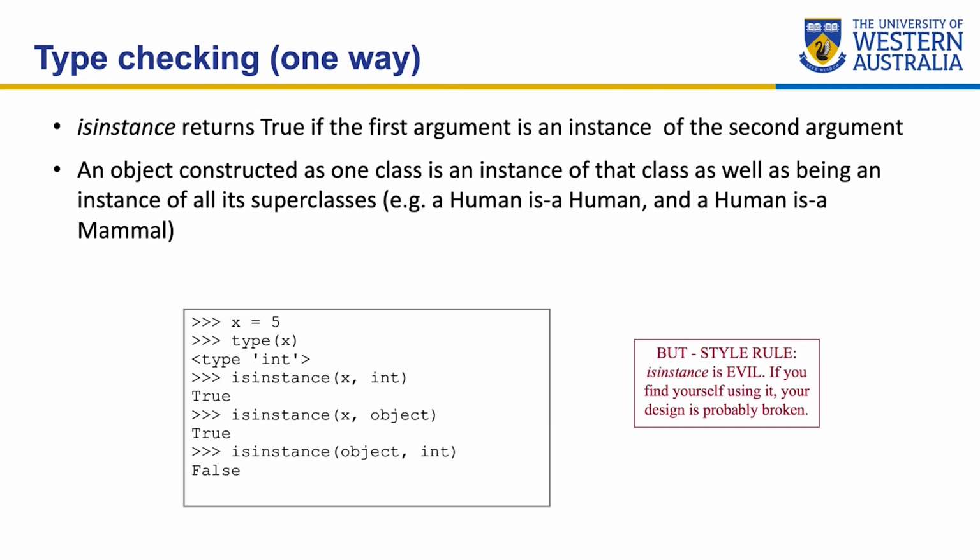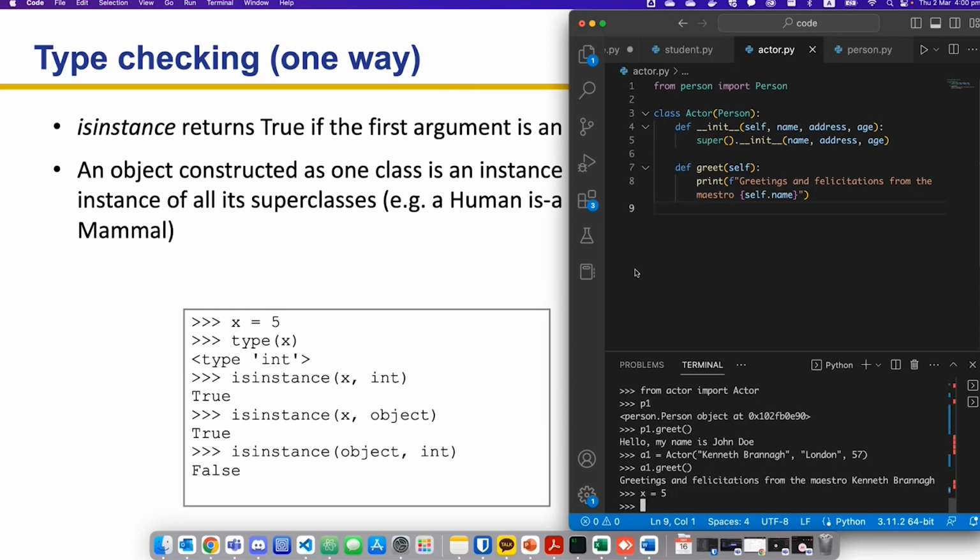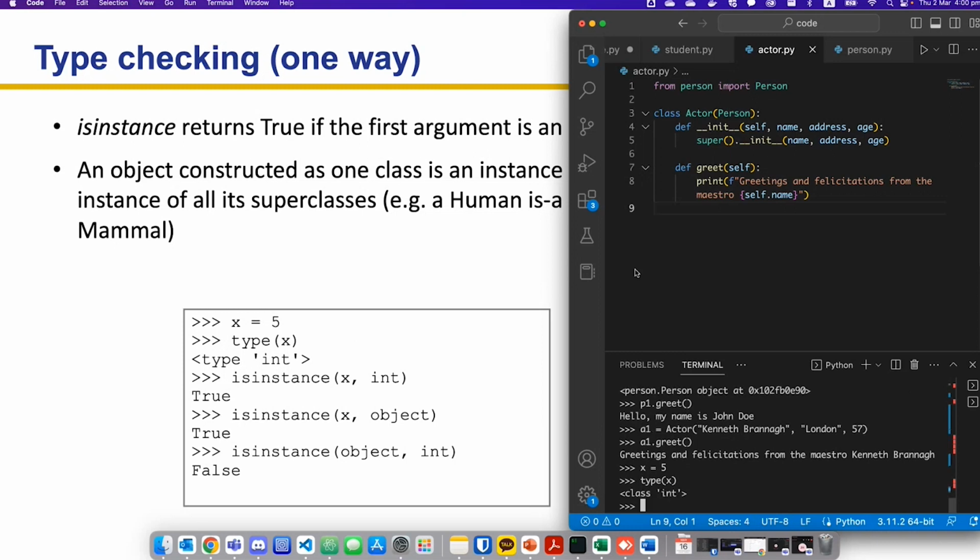Okay. So here, a quick check before we move on is type checking, which is a one-way thing. This can be used to check whether objects are of an instance, right? So here, x equals 5, and obviously type of x is integer, right? And we can use the built-in function isinstance.